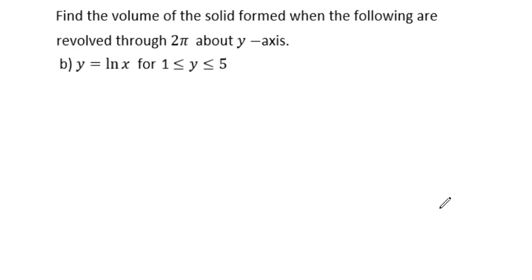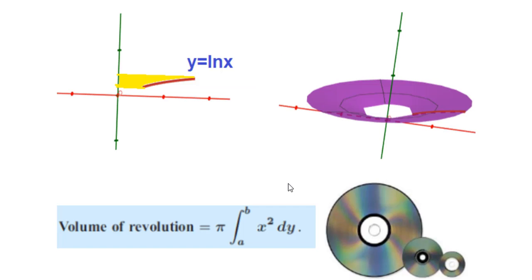Let's go to the second example. For y equals natural log of x, y is between 0 and 5. We know this function will rotate across the y-axis. This graph is y equals natural log of x.